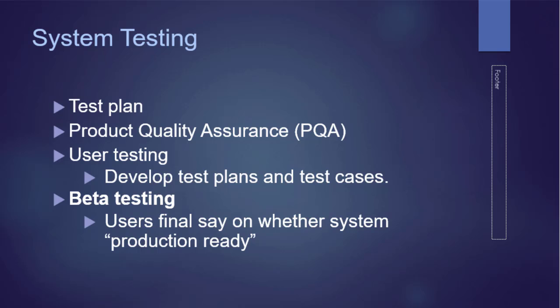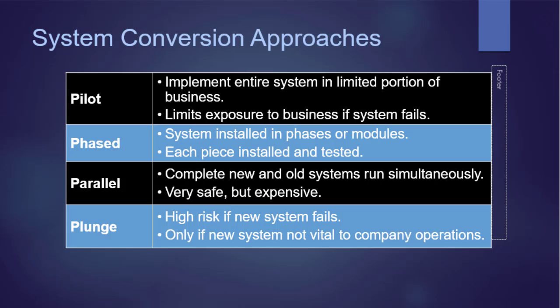You'll enter some error type data and see if it gets caught to make sure you don't capture bad data, and so on. Once you get past the alpha testing, you go into beta testing, and then if that passes, that's when you can say, okay, I'm ready for this system to go into production. That is, you're ready to convert over from the old system to the new system.